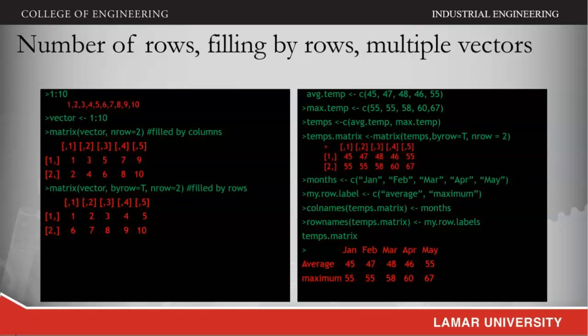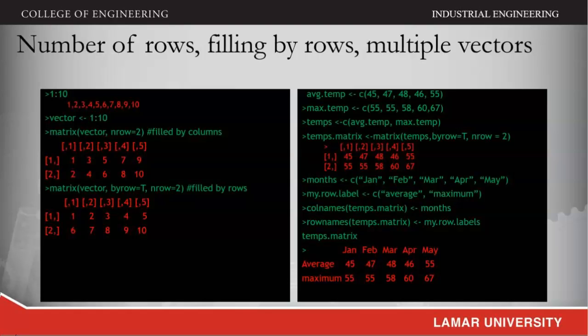So let's work on this example. In this example, we have the average temperature for a particular region and then the maximum temperature for that same region over a certain number of months. Then we can create a vector with all this information, and from the vector we can create a matrix.